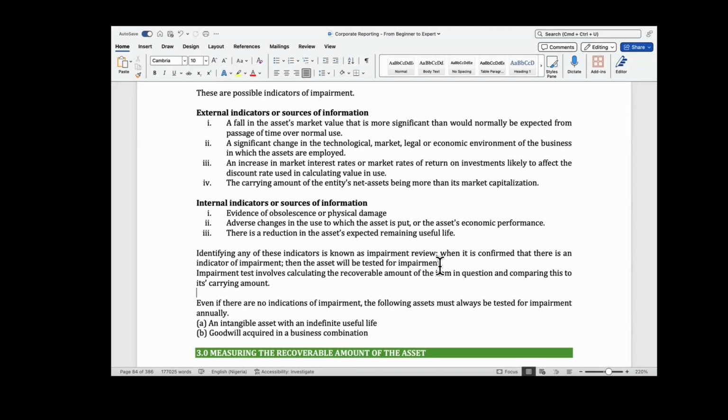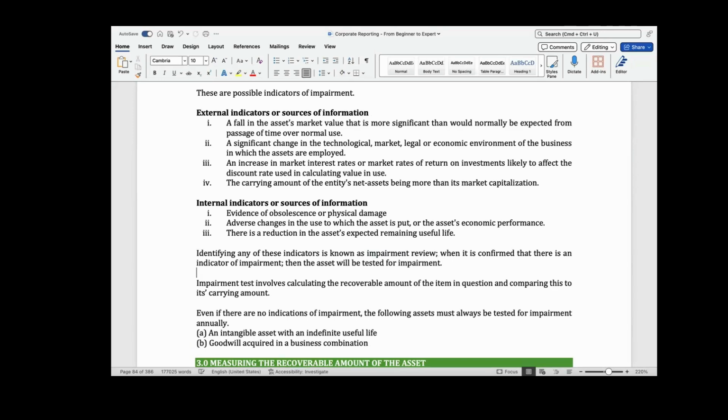And you see, by the time you do an impairment review, it will now tell you that we can see, based on the fact that CBN has just increased interest rates, we might be overvaluing our assets. It's an indicator, right? So when you see that, then the next thing is now to confirm, because our book value, we will know that one, but we need to know how much we can recover from these assets.